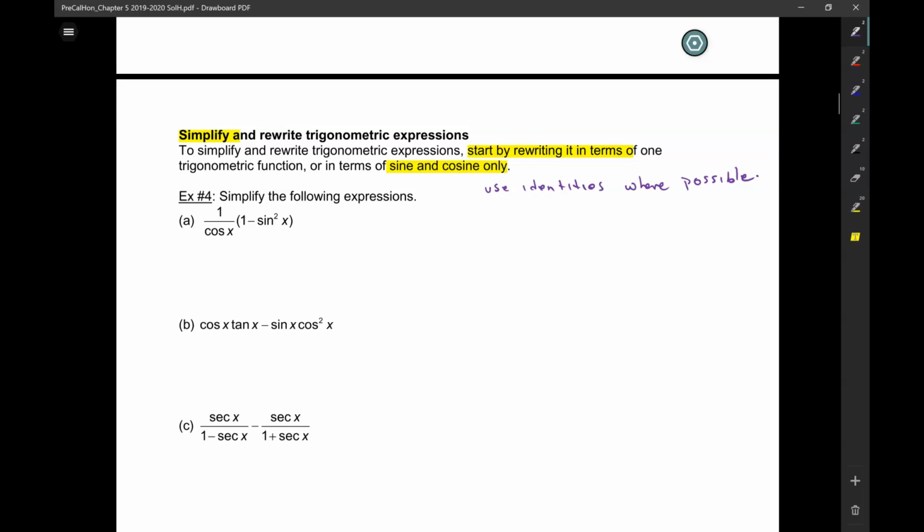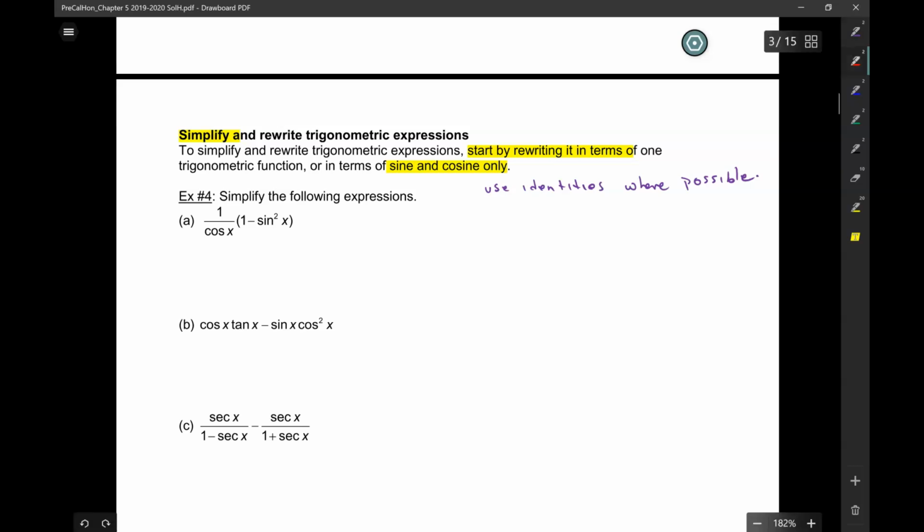A couple of things to look for. One is this: if you have a trig function squared plus or minus a 1, that should always set off the alarms for the Pythagorean identities. Here I have sine squared with a 1, and I think, that totally looks like the first Pythagorean identity.